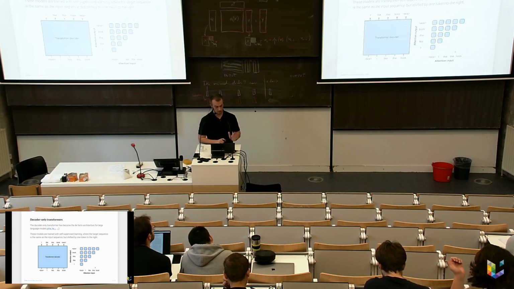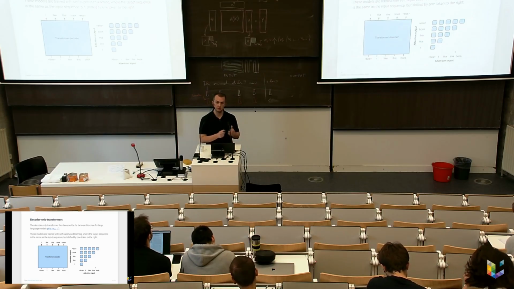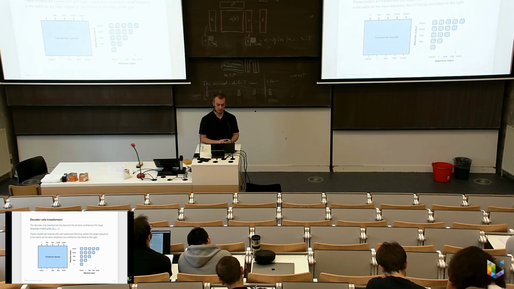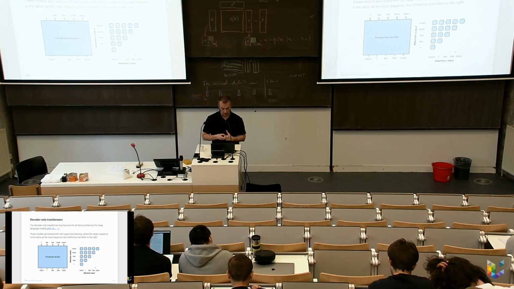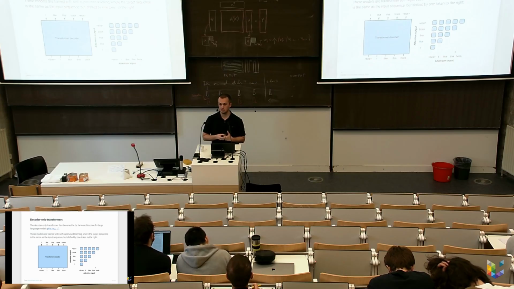And that's basically what's driving everything if you use ChatGPT or other systems. They are all based on this architecture, decoder-only transformers. And how do we train them? Well, the nice thing about the decoder-only transformer is that the only thing you need are sentences or tokens.